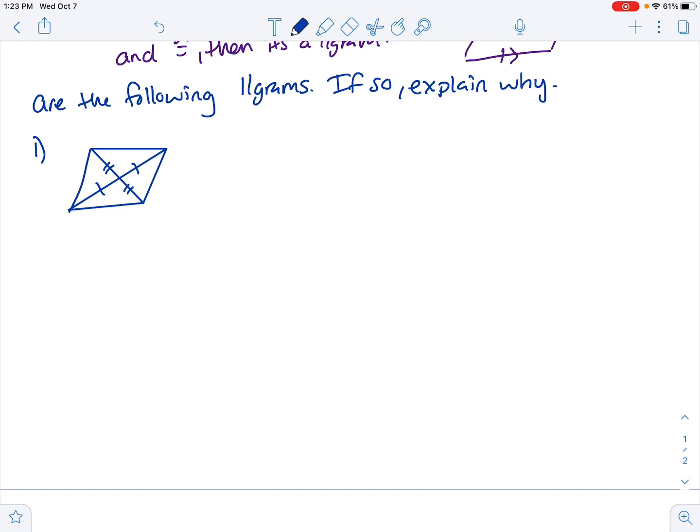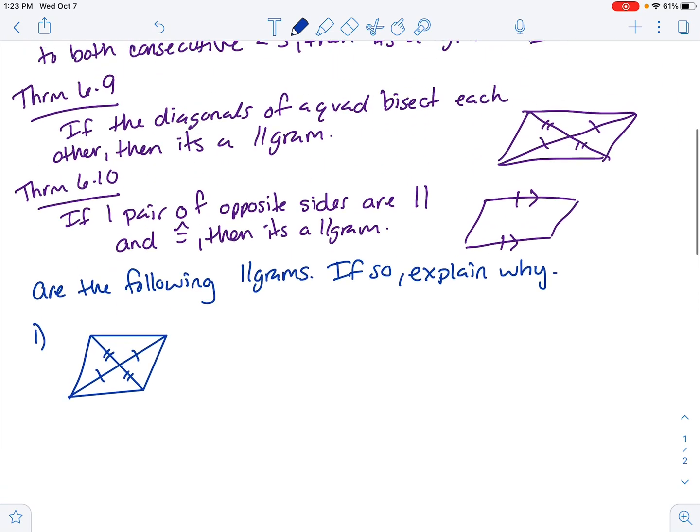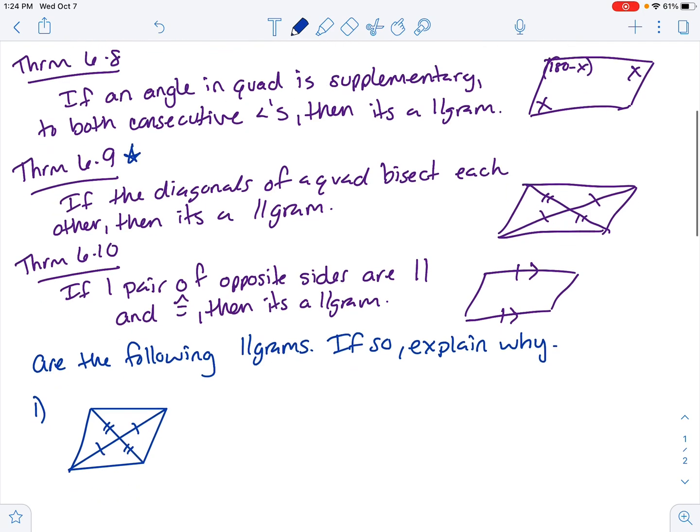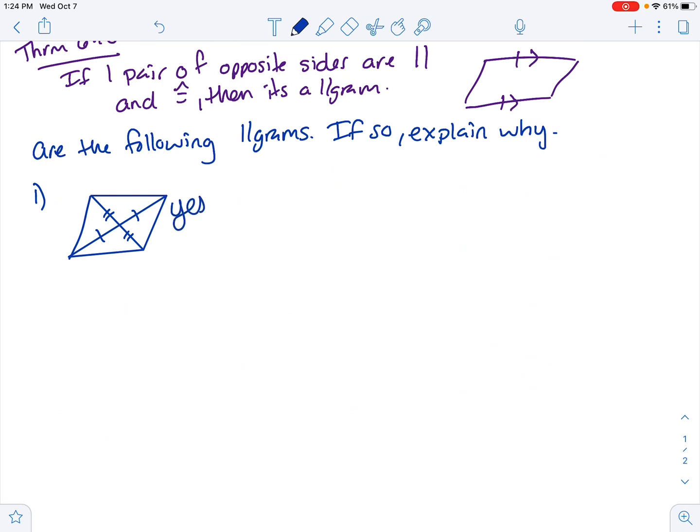I have a four-sided figure, so I have my quadrilateral. I also have my diagonals drawn in. Those diagonals show me that they're cutting each other in half. They're bisecting each other. So come up here. Which one talks about diagonals bisecting each other? That would be theorem 6.9. So yes, this is a parallelogram. Why? Because of theorem 6.9.